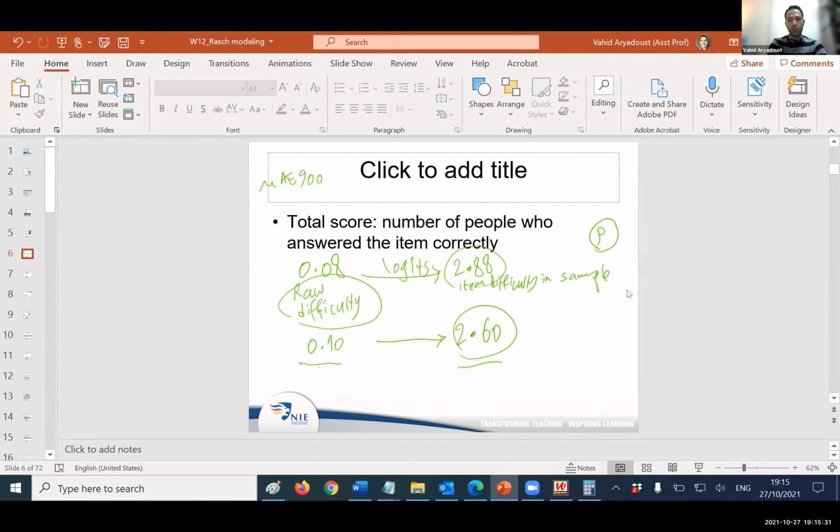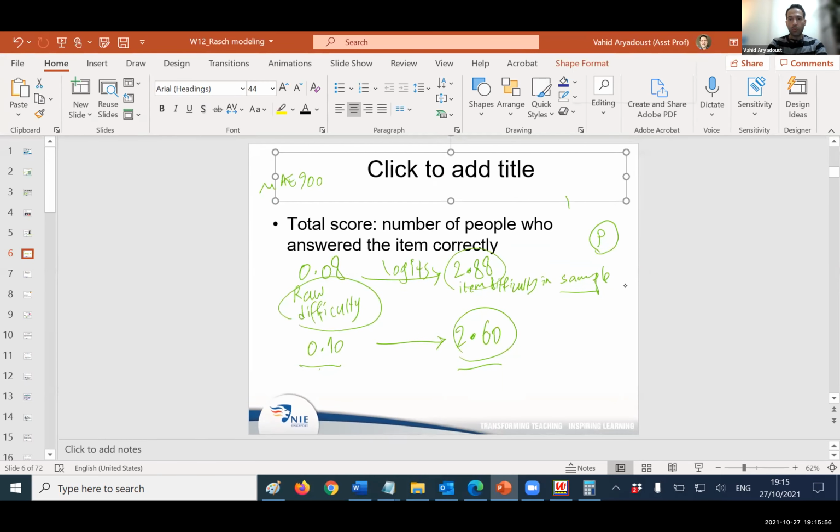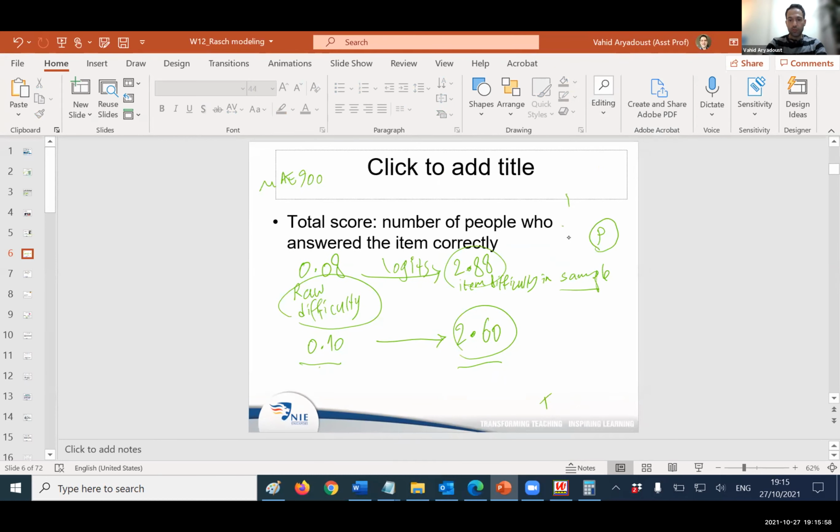We don't just want to know the item difficulty in the sample. We want to know the item difficulty in the population. In other words, if you give this item to a large number of people, because that population is what we want to measure exactly. Not just my classroom. That will become the true or standard difficulty of the item.